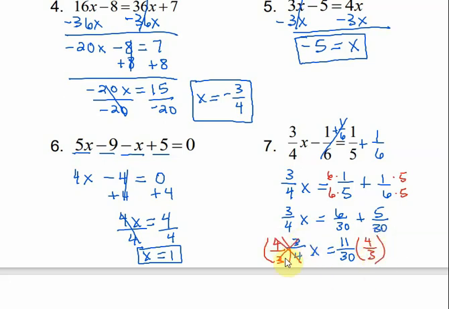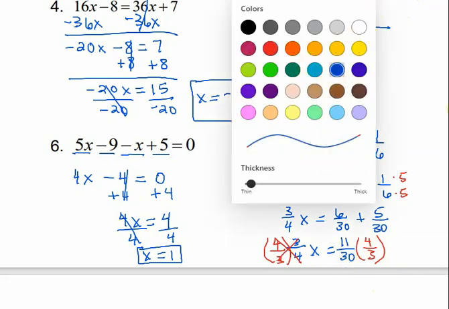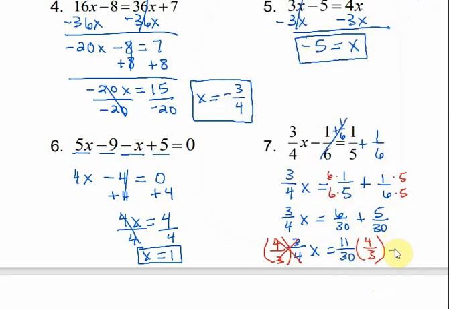Okay, so these would cancel. And then I can, well, nope, those won't. Well, it would reduce a little bit. Let's go ahead and multiply. So that would give me 44 over 90.